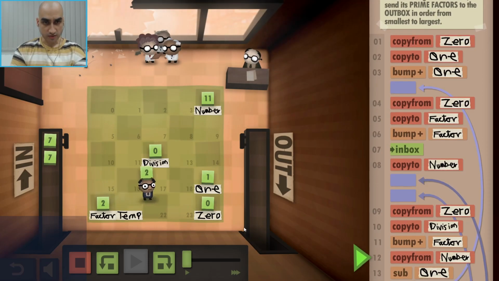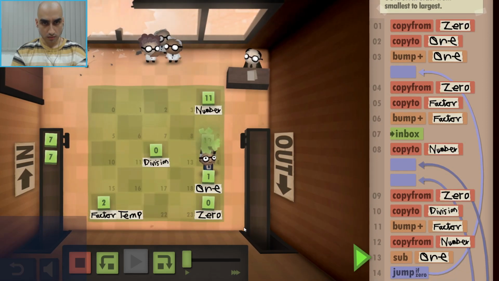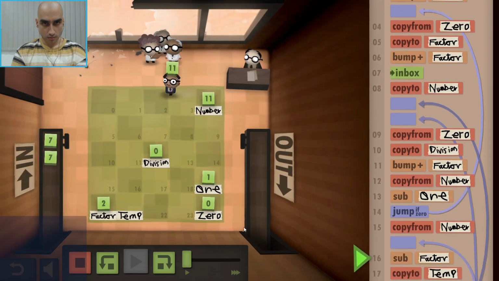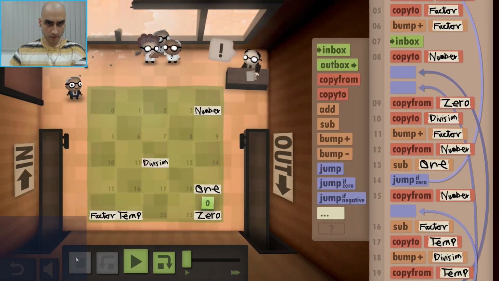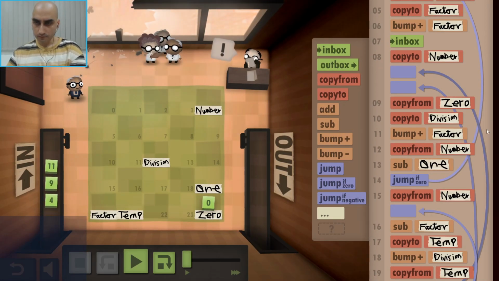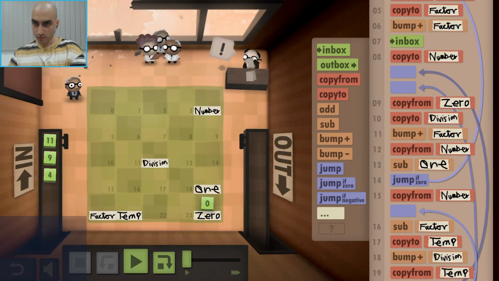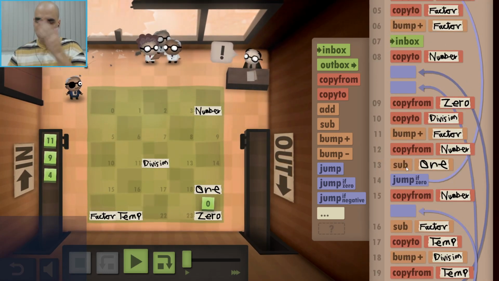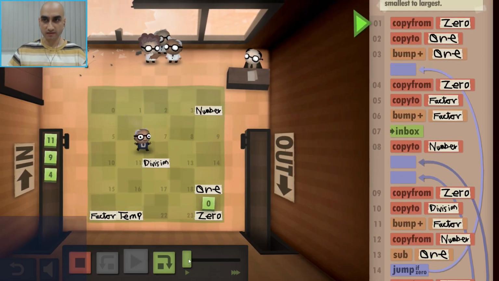So we start with 2. Why did I subtract 1 instead of factor? Oh, no, that's correct. That's just what I did. Check if it's equal to 1. Okay, start again.